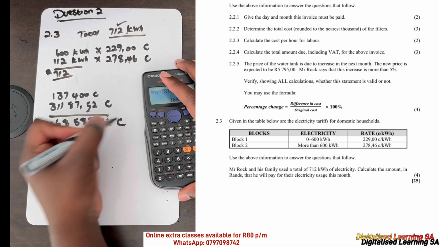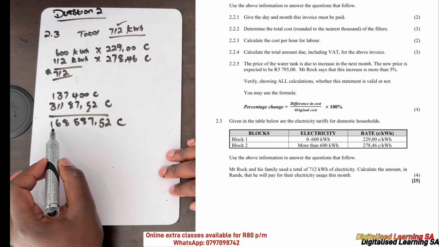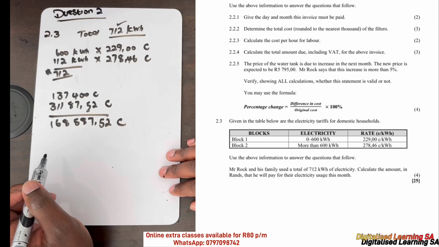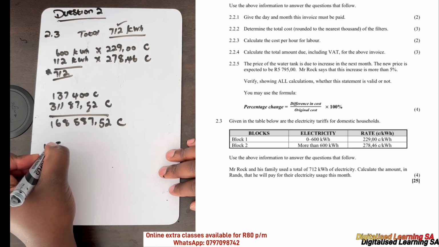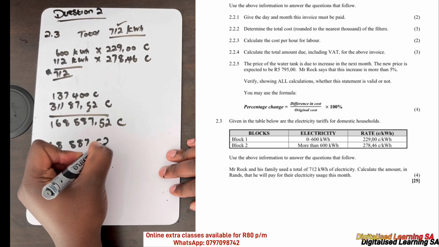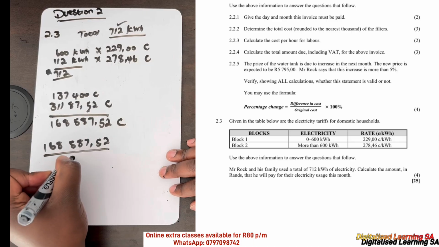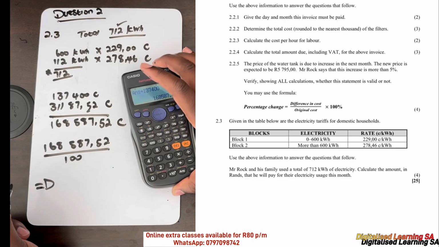So in total it will be 168,587.52 cents. We are told to write our answer in rands, and if we want to convert this to rands, we just divide by 100. So we say 168,587.52 divided by 100, and our answer will be in rands.